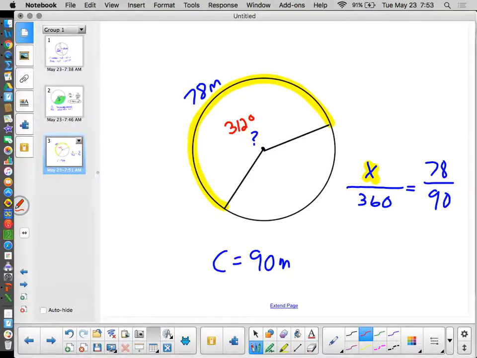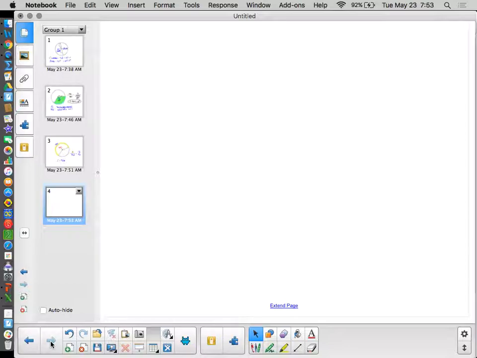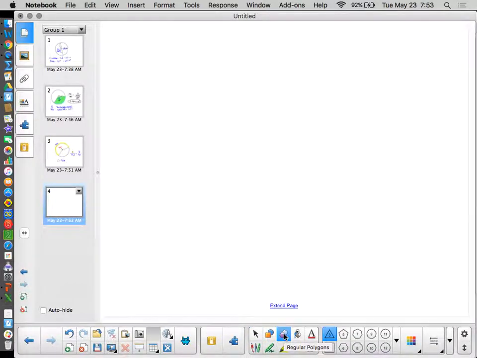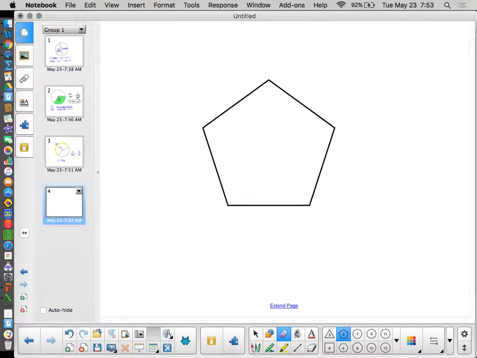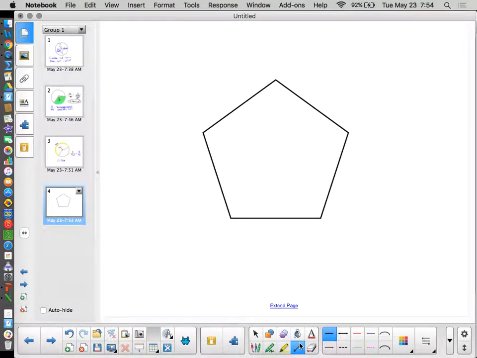Now the one that really drives people crazy, the polygons. Regular polygons. Basically, anytime I have a regular polygon, that's not going to be an easy one to work with, but that's okay. Every regular polygon has a center.